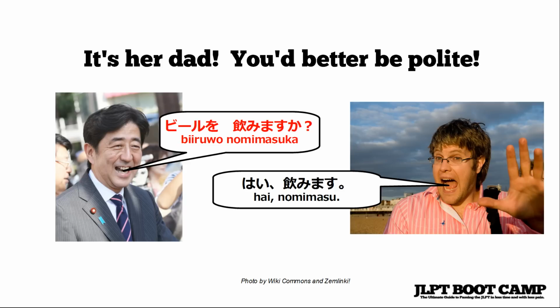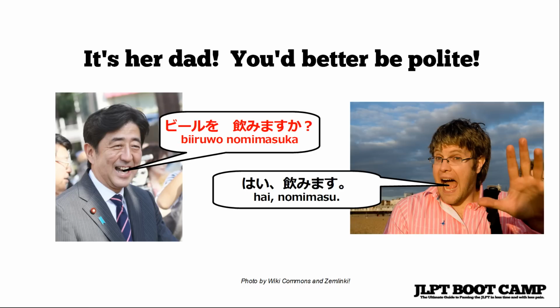Now, you'll notice here that Mr. Abe here used ka at the end of the question. And in the previous conversation, the younger woman used no. No, I believe, is usually not in any N5 textbooks, but basically no is the informal question marker.